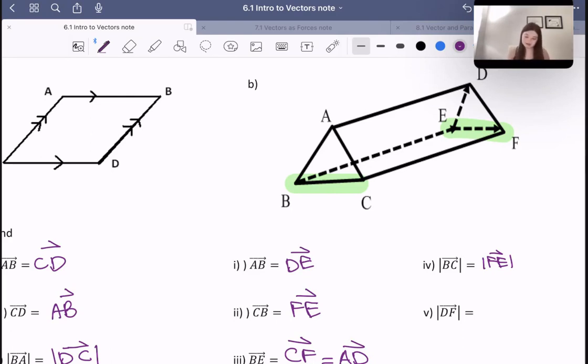So this one is just magnitude, and any of those answers is good. What about this last one, DF? So D to F. Well, the obvious answer to me is AC, so I'm just going to write that. But again, it could be CA because we're just talking about the magnitude, or it could be FD, right? Any of those is correct. They didn't really specify which one we should put, so any correct answer will do.